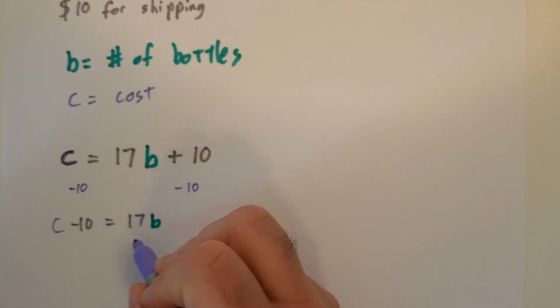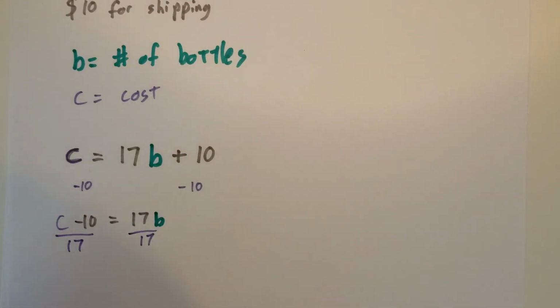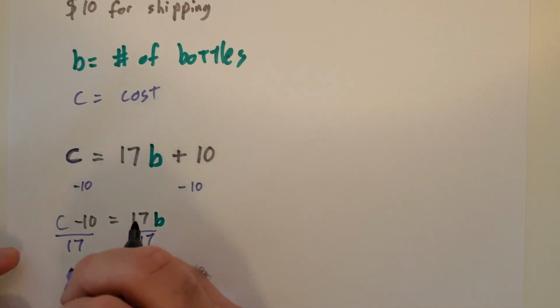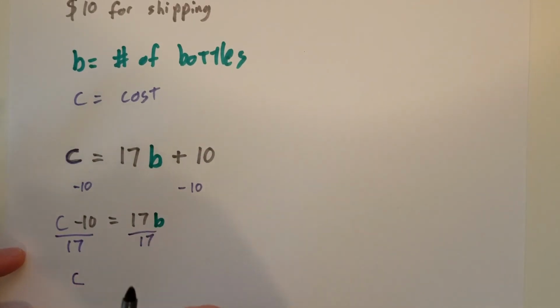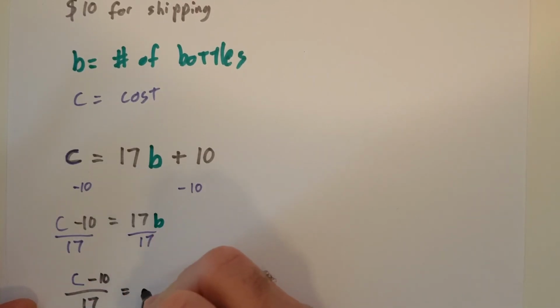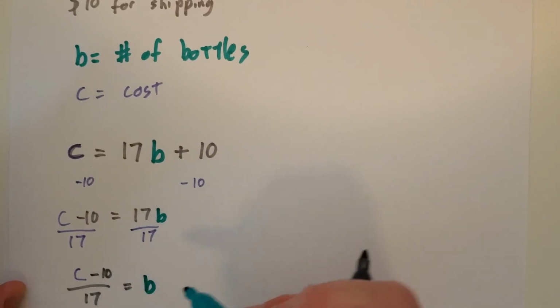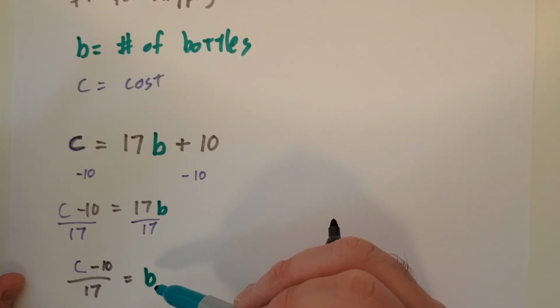Then get rid of the next weakest operation. And this equation will give you, if you know how much you want to spend, and you want to see how many bottles of hand sanitizer you can buy, you subtract 10 and divide by 17, and that's the number of bottles.